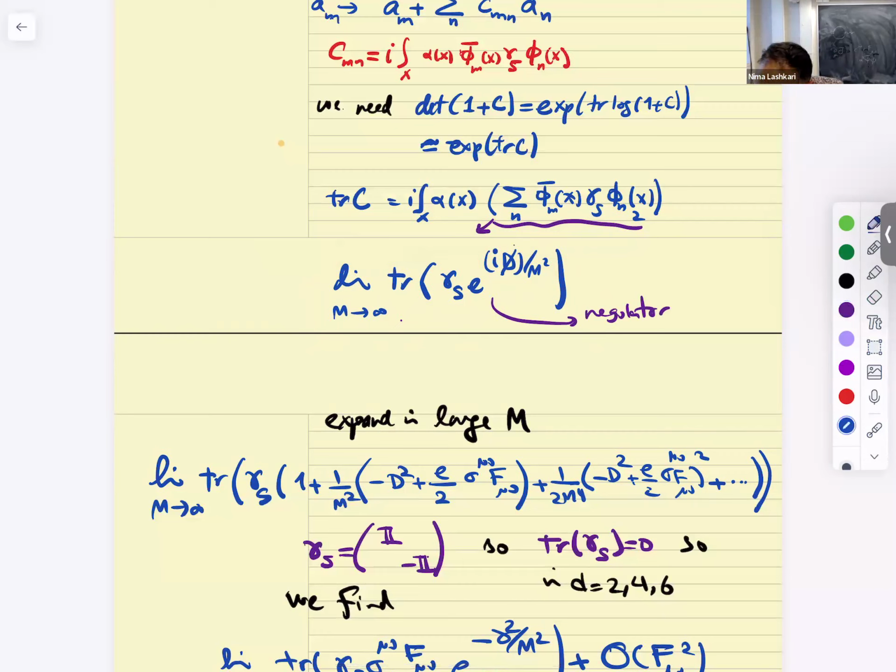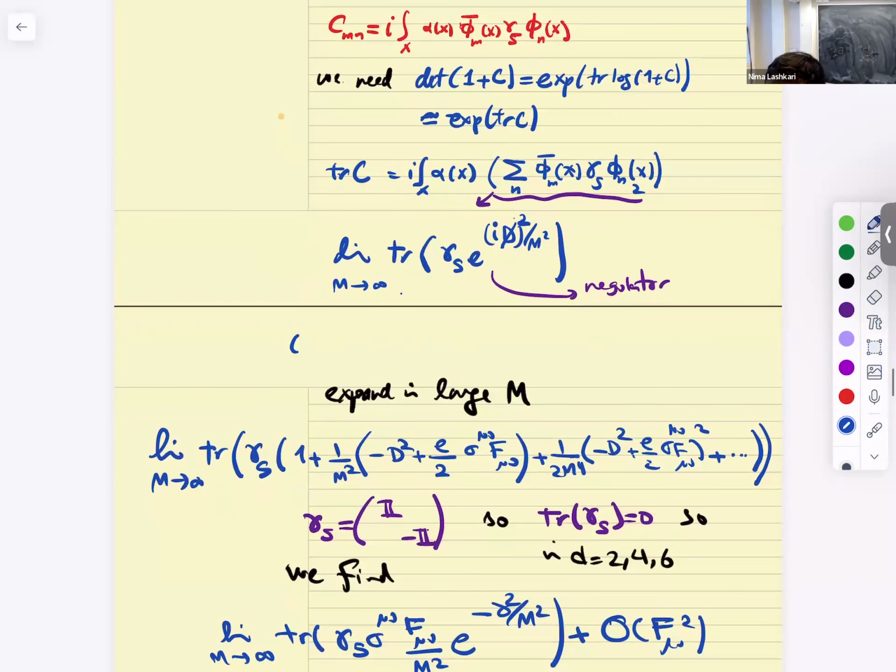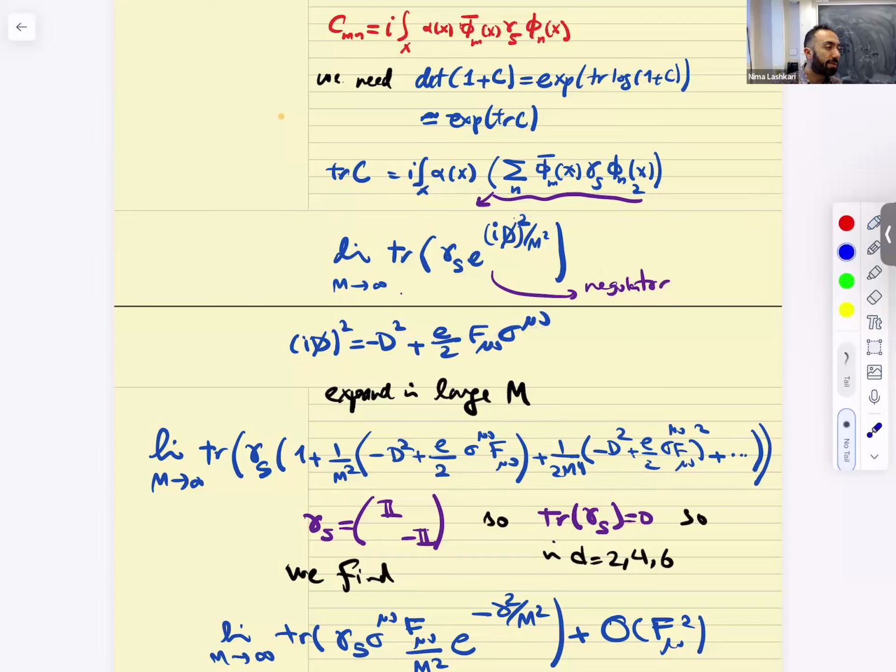Oh, there's a 2 missing. Yes. And then the next step to remember is that D-slash squared was D squared plus, so it was minus D squared plus e over 2 F_{μν} σ^{μν}. So now this is fully general. The next, yeah, this was the step that I was talking about.